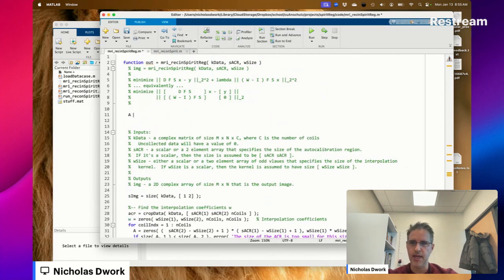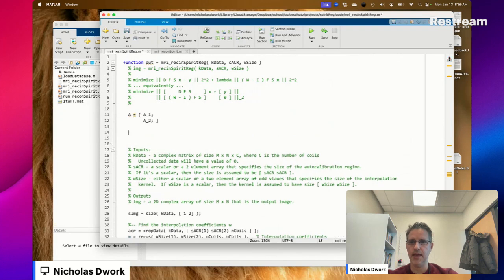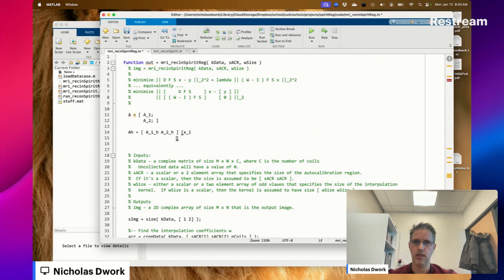If A is equal to A1, A2, then the adjoint of A is equal to A1 adjoint, A2 adjoint. That is, this is a column block matrix and this is a row block matrix. So when we multiply this times something like x1, x2, then we're going to take A1H times x1 plus A2H times x2.